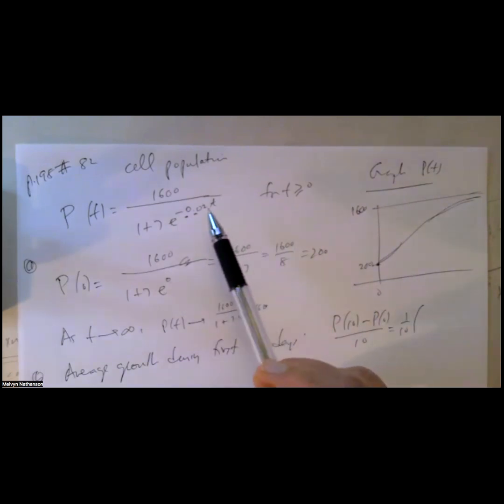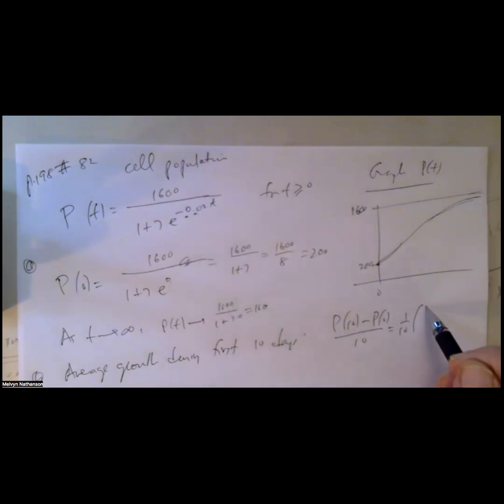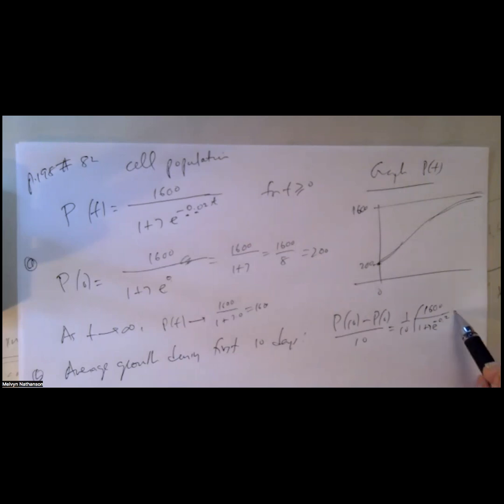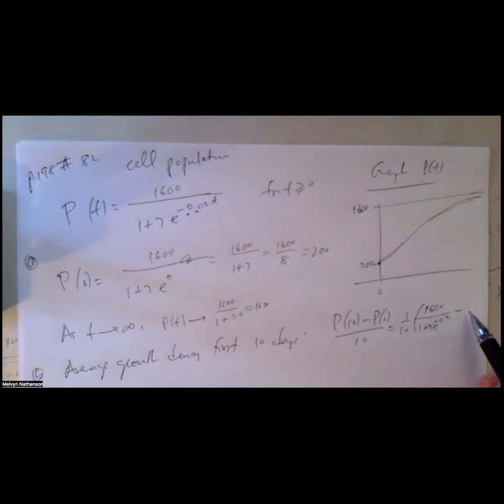When t is equal to 10, 0.02 times 10 is 0.2, so it's 1,600 over 1 plus 7e to the minus 0.2, minus the population at time 0, which is 200.